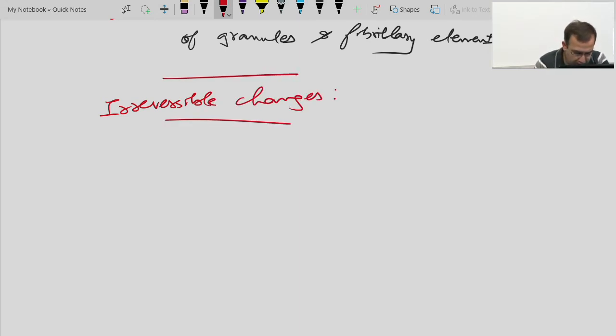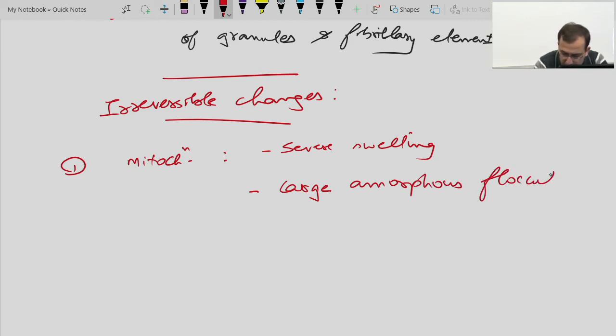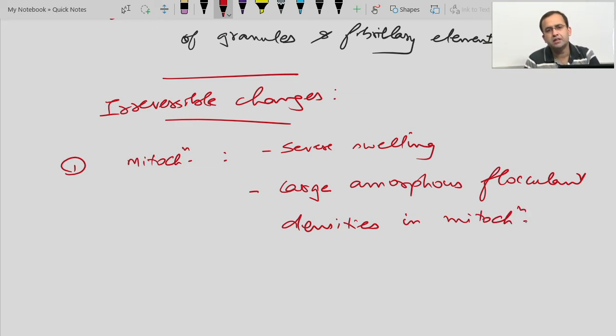Irreversible changes: the mitochondrial changes are severe swelling and the presence of large amorphous flocculent densities in mitochondria. So please note, small amorphous densities are reversible, large are irreversible.